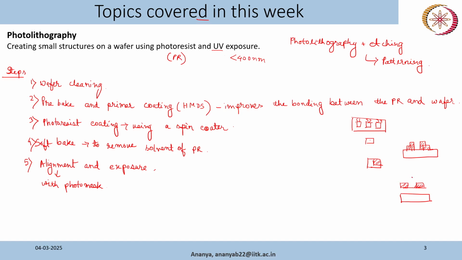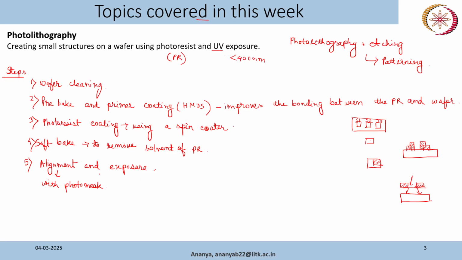When light enters, light may go like this if this contact is not proper. Then the end result is that you will end up getting an opening here which is bigger than your actual size on the mask, okay. So you have to be careful with the contact as well.